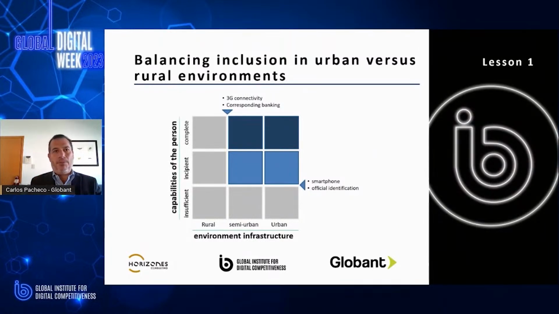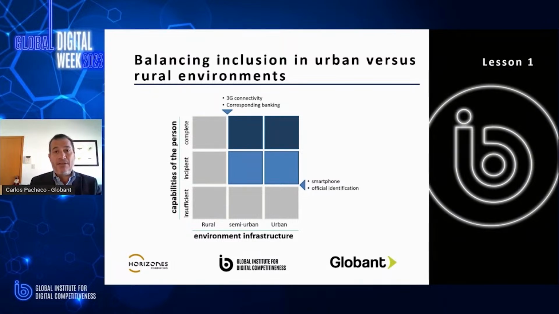This is very important because it really shows that there is a big gap in digital inclusion and financial inclusion. Latin America has been doing great in digital inclusion, thanks to the smartphones. Almost all adults above the poverty line have a smartphone with some kind of connectivity.